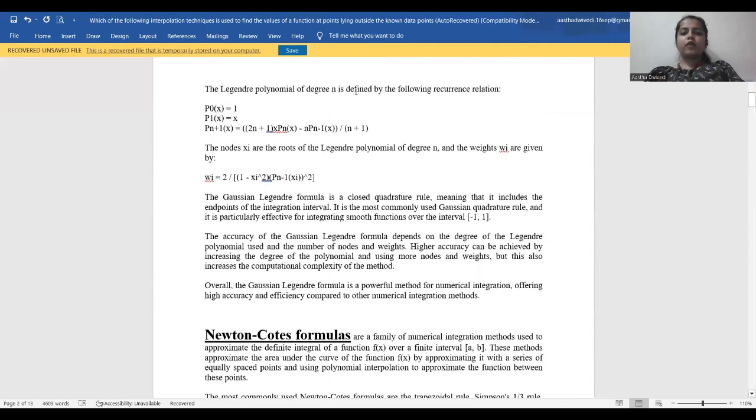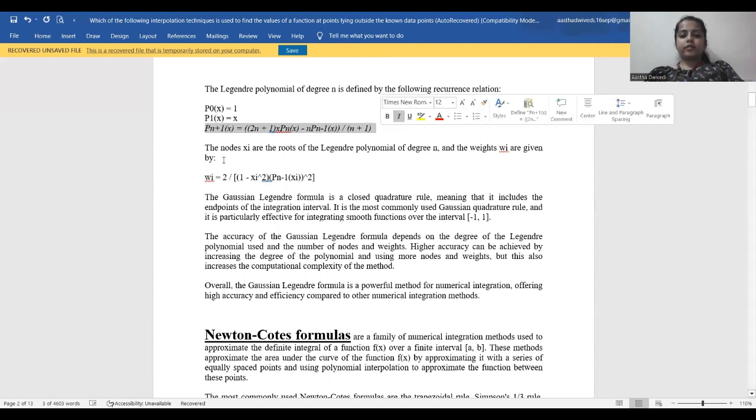The Legendre polynomial of degree n is defined by the following recurrence relation. P0 of x is equal to 1, P1 of x is equal to x, Pn plus 1 of x equals (2n plus 1) times x times Pn of x minus n times Pn minus 1 of x, divided by n plus 1.